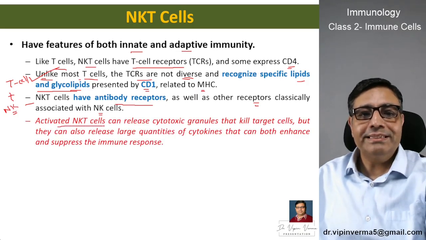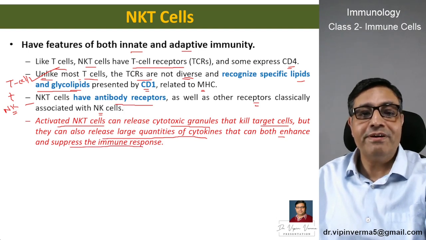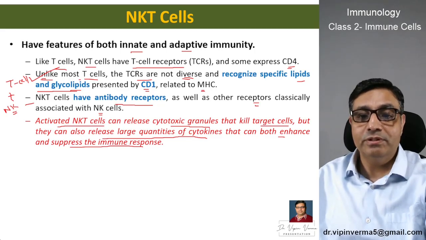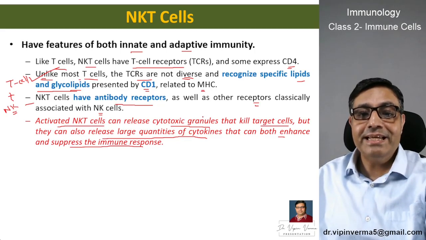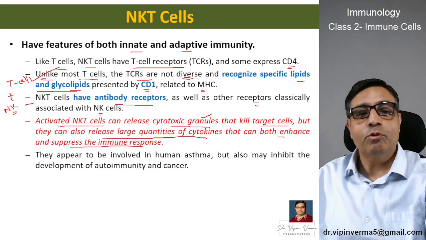Activated natural killer cells can release cytotoxic granules that kill target cells, but they can also release large quantities of cytokines that can both enhance and suppress the immune response. So they are very, very critical cells. They can degranulate and kill the target cells, and they can also release the cytokines which can increase or inhibit the immune response.